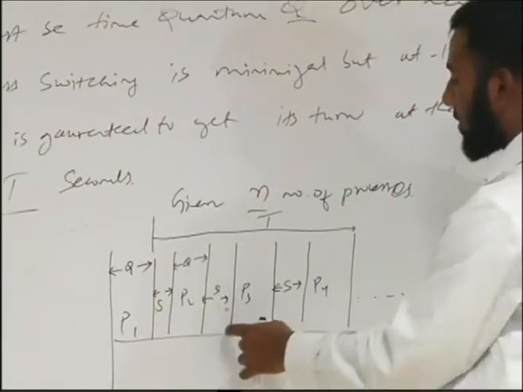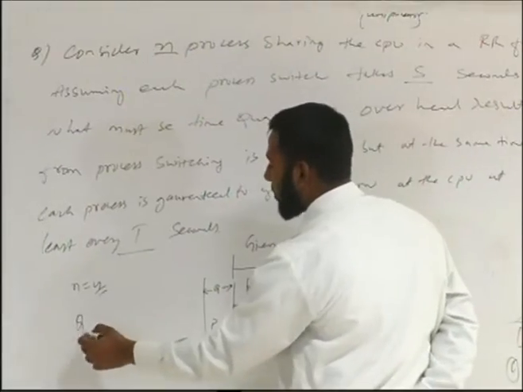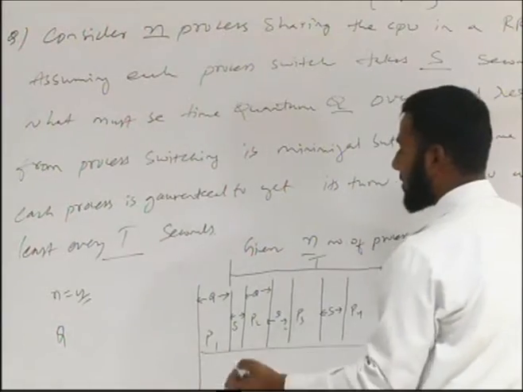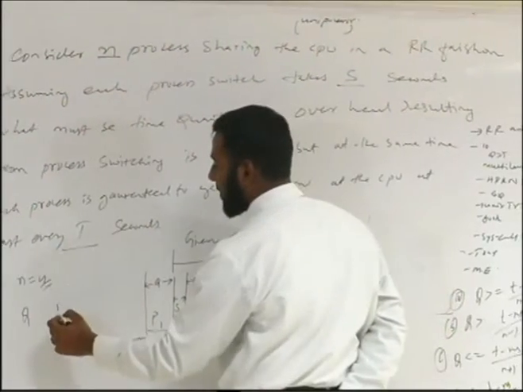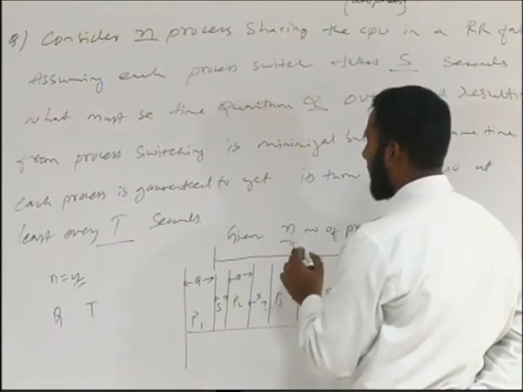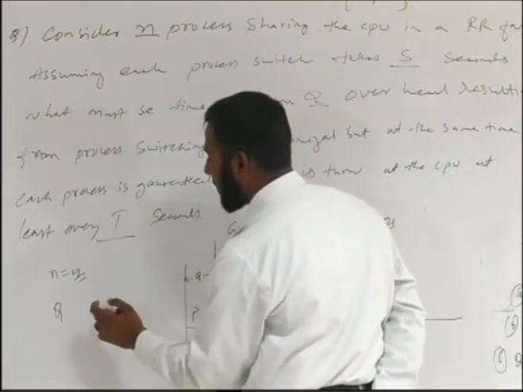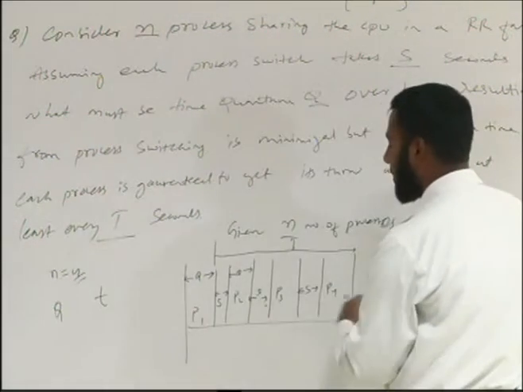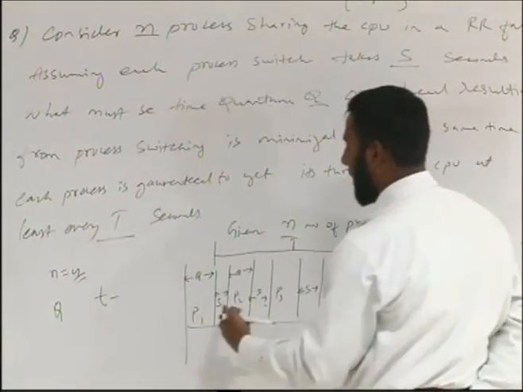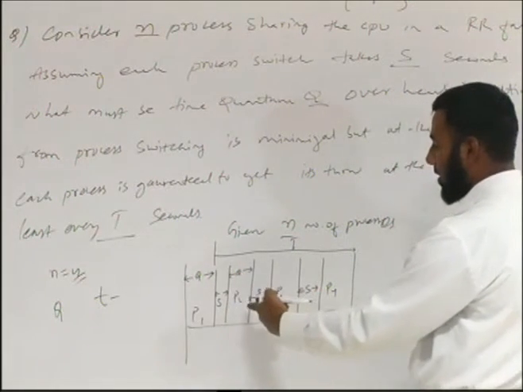Then how do we minimize the context switch? It means I want to minimize these context switch times. So for n is equal to 4, what would be the time quantum? In order to minimize this, assume this is the total time T. What we do is we take this T seconds minus, how many processes are there?